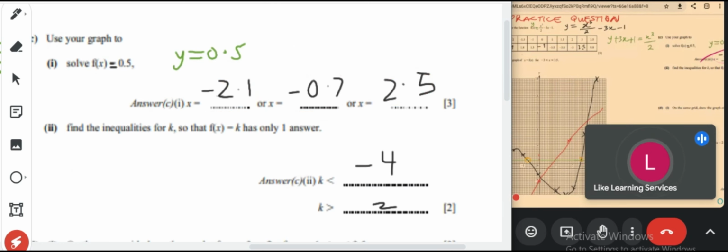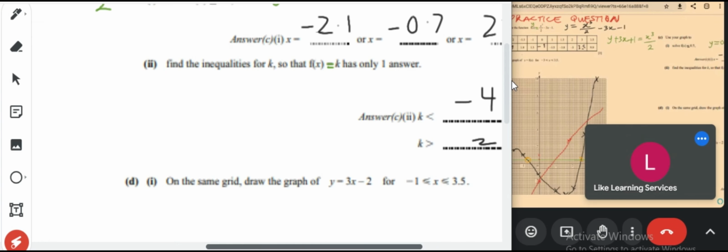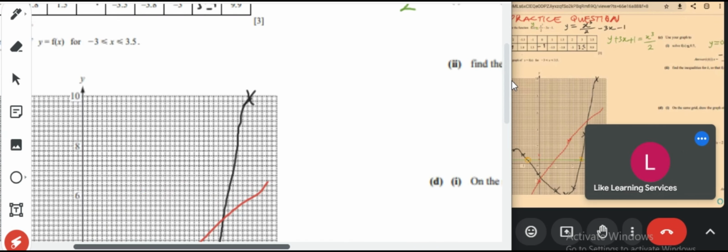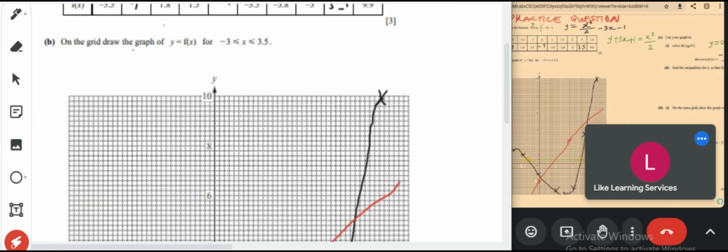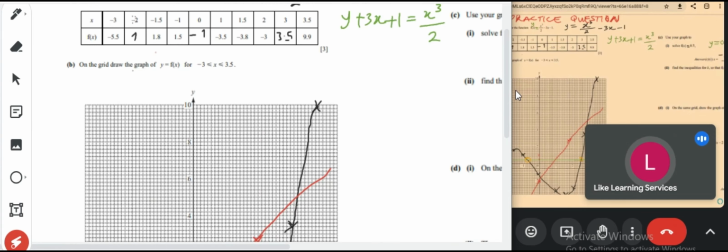Okay, and then it says find the inequalities for k such that f of x equal to k has only one answer. Now show me again what you did on the graph.